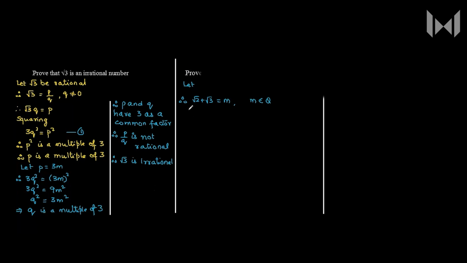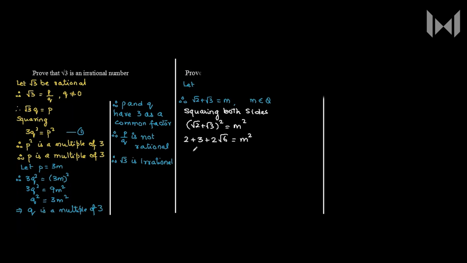Now what do we do? Squaring both sides. You have root 2 plus root 3 the whole square is equal to m square. Now squaring means a square plus b square plus 2ab. Root 2 into root 3 is root 6 is equal to m square.